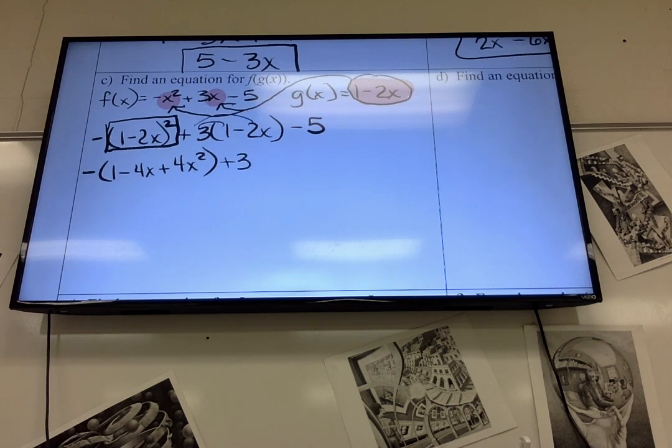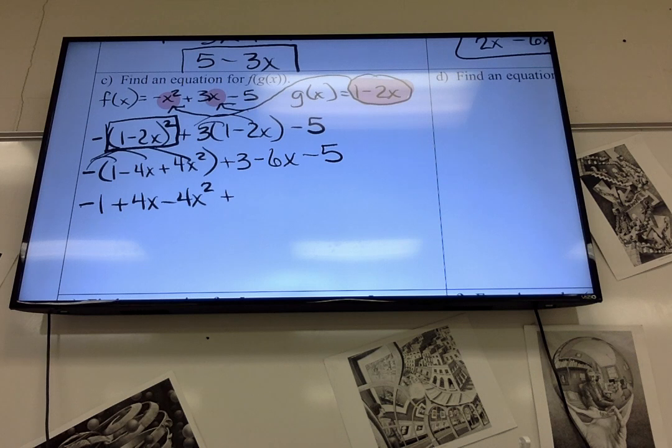You get 3 minus 6x. And then we have a minus 5. And I just brought down. Okay. All right. Then I'm going to distribute this minus sign. So it's minus 1 plus 4x minus 4x squared.